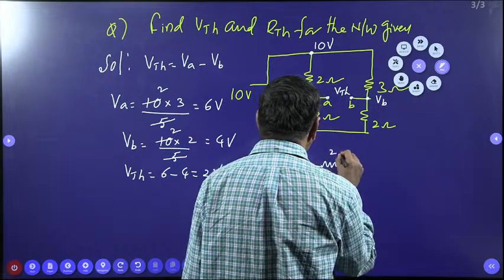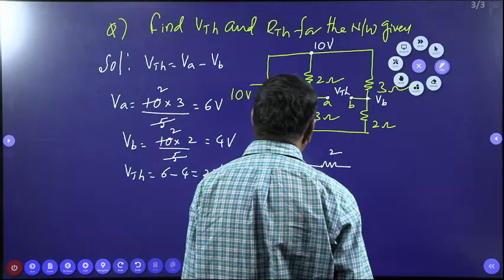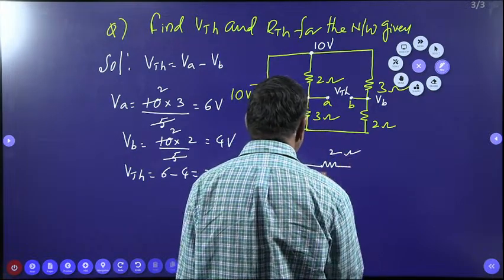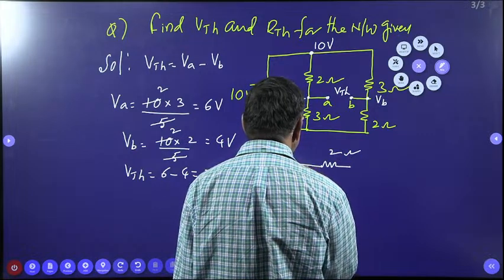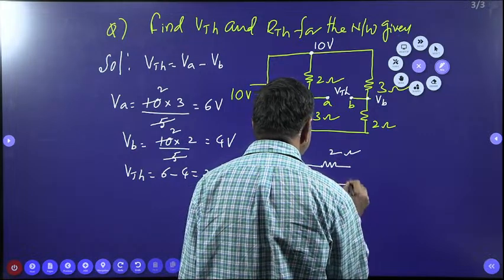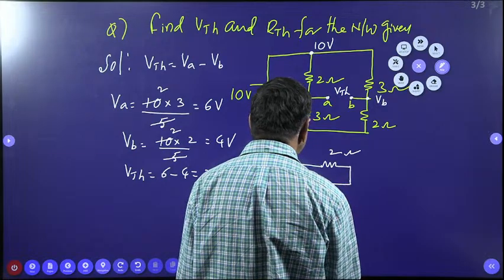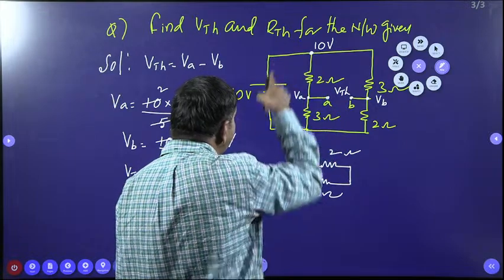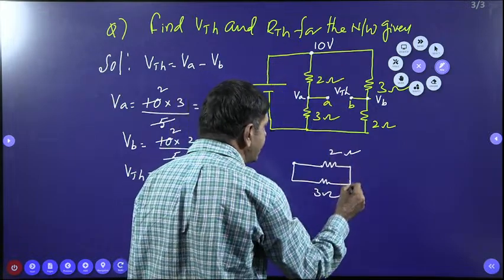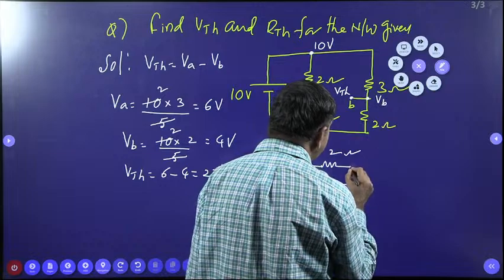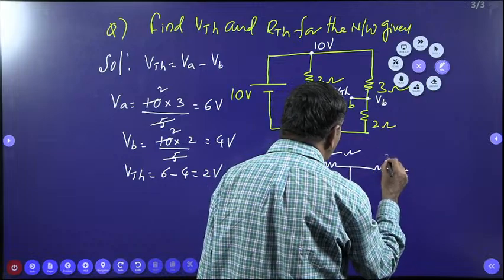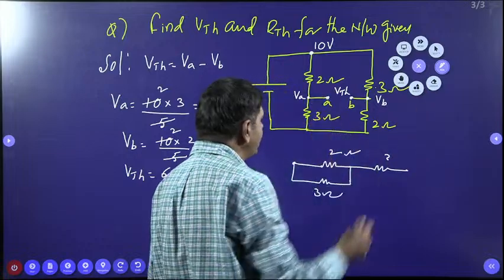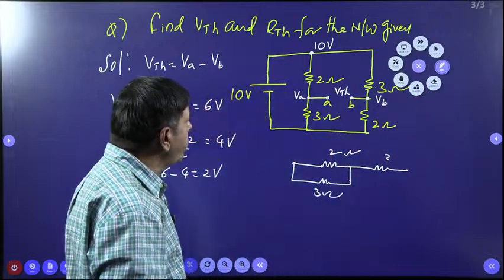The 2 ohms and 3 ohms will be parallel. Whenever you are pulling this 10, this is shorted now, that wire will go exactly at the center like this. The 2 and 3 will be in parallel here. When you are pulling like this, 3 and 2 will be parallel only. Understand now, when you are pulling.